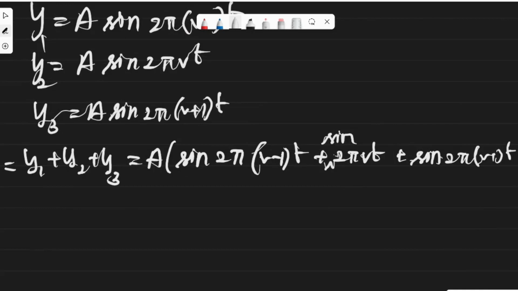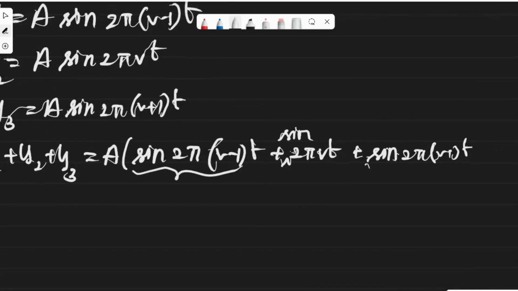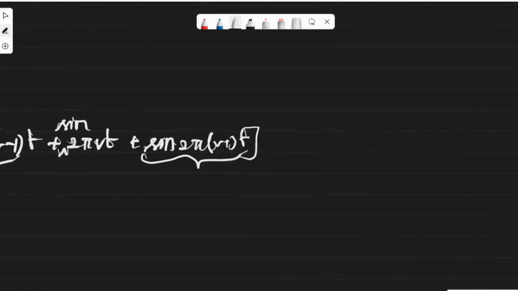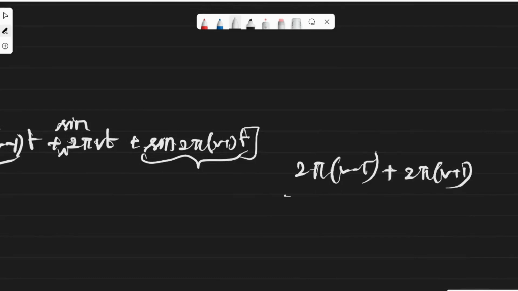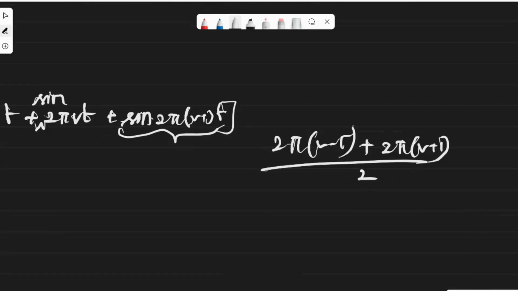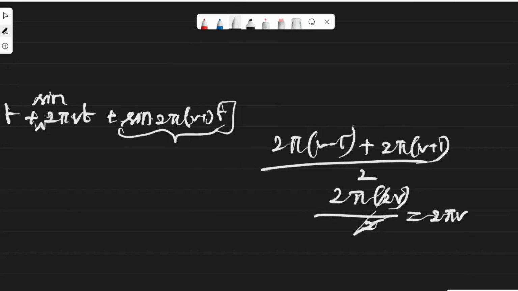If I consider the first and last term as sine c plus sine d, then we would get 2 sine of c plus d by 2 and cos of c minus d by 2. So c plus d by 2 is 2 pi into v minus 1 plus 2 pi into v plus 1, divided by 2. That gives 2 pi into 2v by 2, the 2 gets cancelled, so we get 2 pi v.